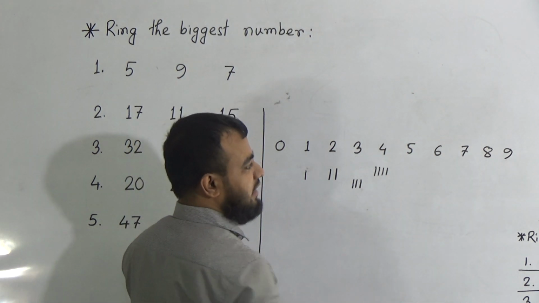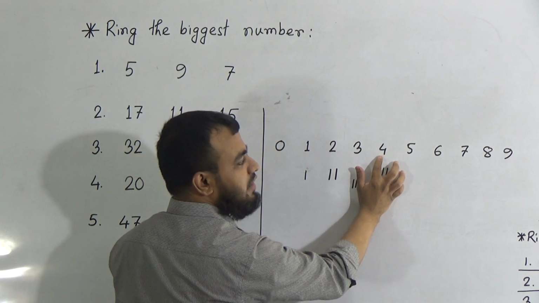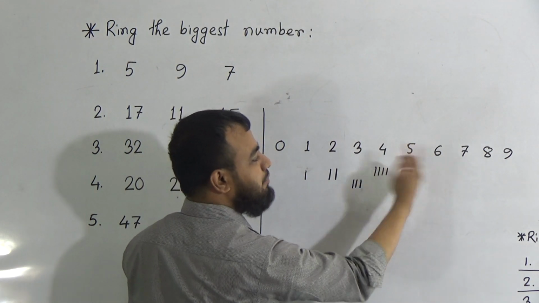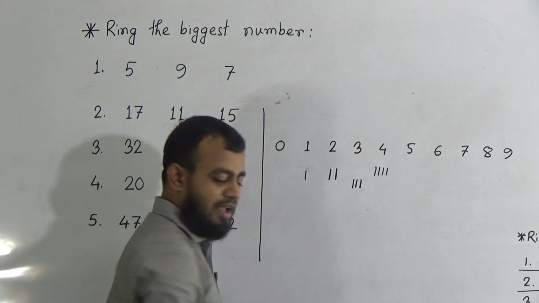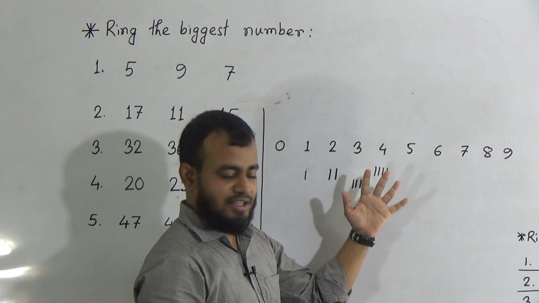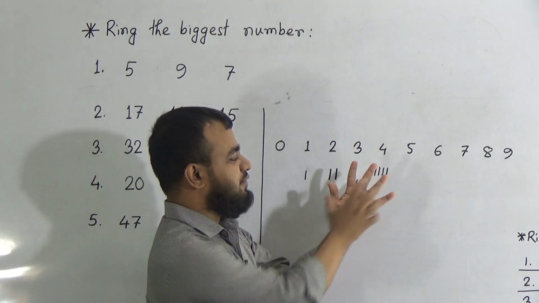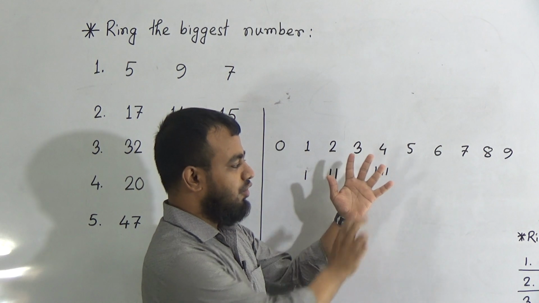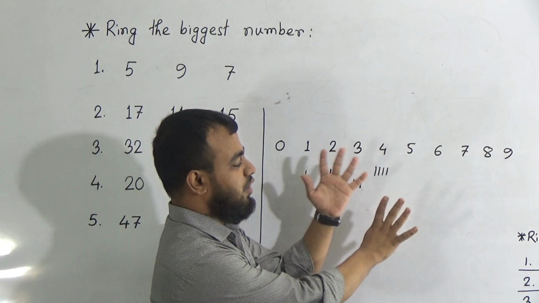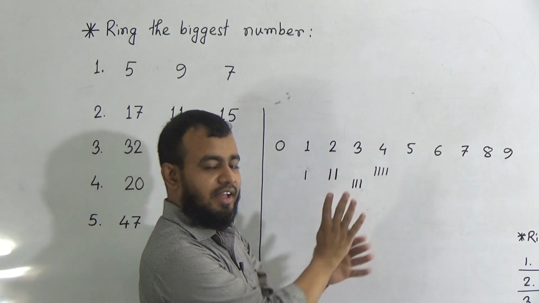Similarly, we can say that this 5 is bigger than this 4. That means 5 is bigger than this 3 also. 5 means how many? 5 means 5 fingers, we can assume. 1, 2, 3, 4, 5 fingers, my dear children. And this 5 fingers is more than this 4 fingers. So we can say that this 5 is bigger than this 4.